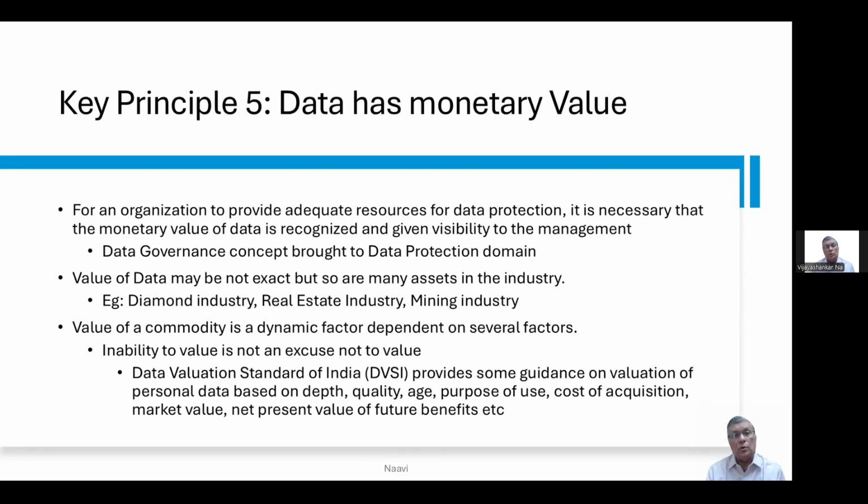A process owner should know that when he picks up a set of data elements, combines it and makes it personal data, he is converting 1 rupee raw data into maybe 10 rupees personal data. And when he adds in a process, say, biometrics and Aadhaar data, then he is converting 10 rupee personal data to 100 rupee sensitive personal data.